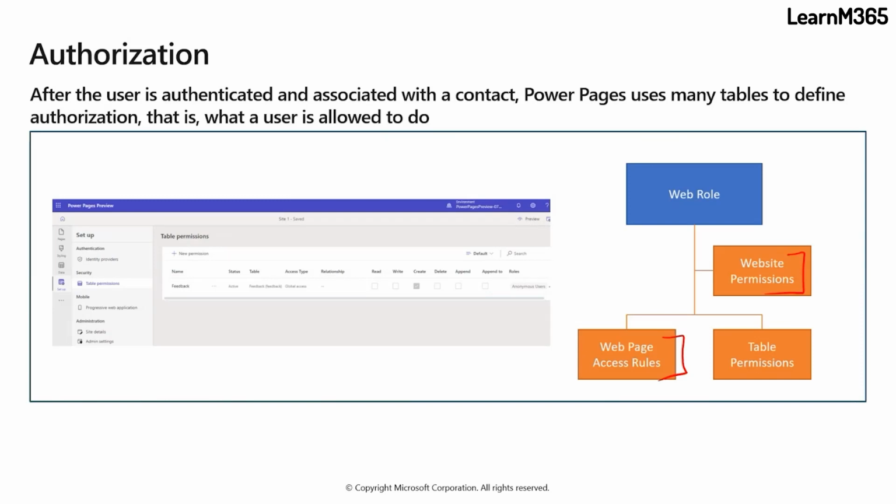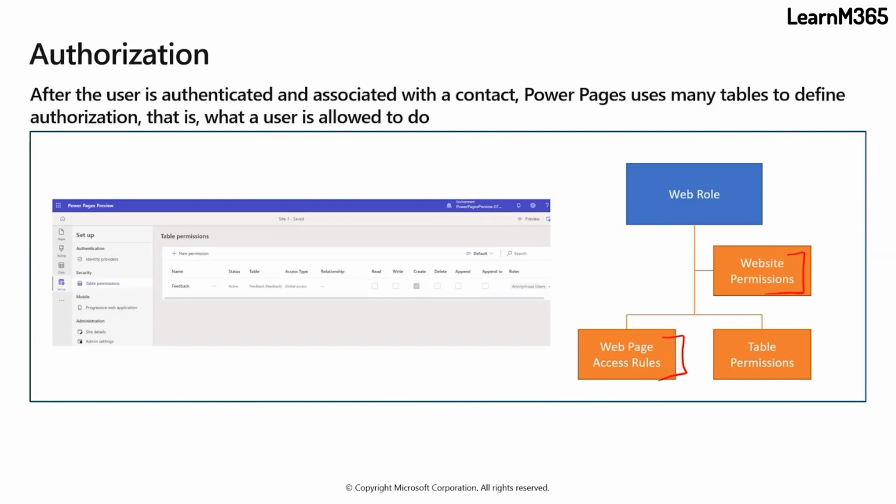A portal contact, the contact which is there in the portal, might be assigned to one or more web roles at a time. Access rules and permissions of individual roles are combined to calculate the resulting permission set. As I have already told you, there are various default web roles.